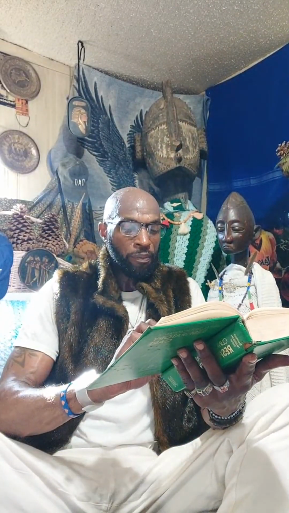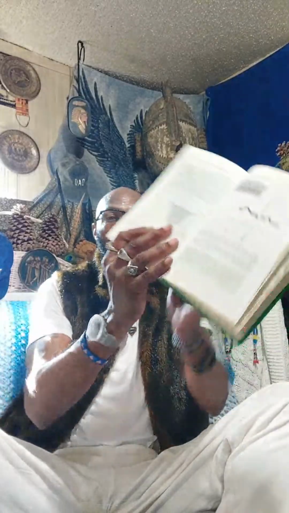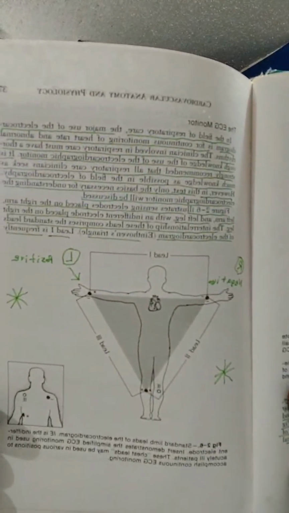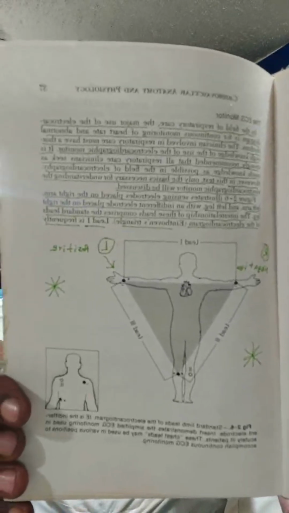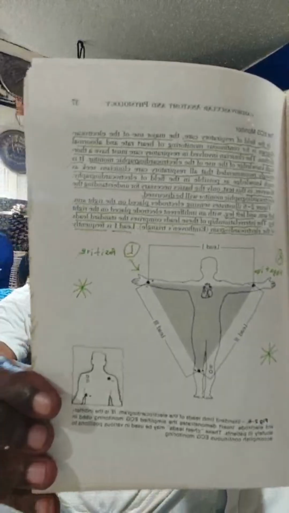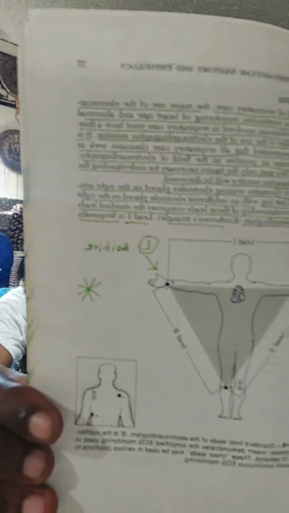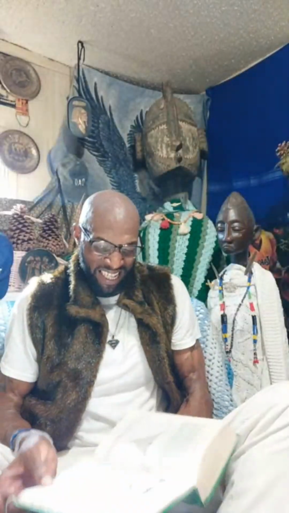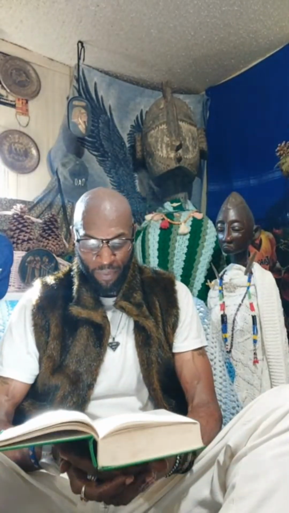Here's 2.6. We are reading from Clinical Application of Respiratory Care by Barry A. Shapiro, Ronald A. Harrison, and Carole A. Trout. What it's showing, the right is negative, the left is positive.